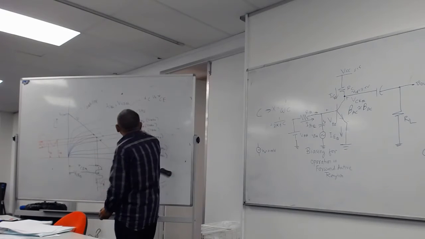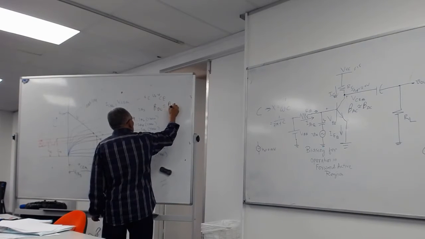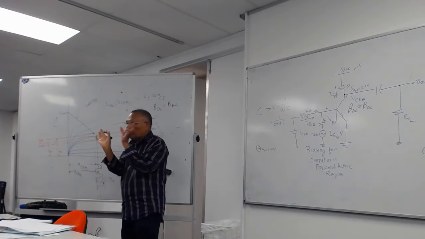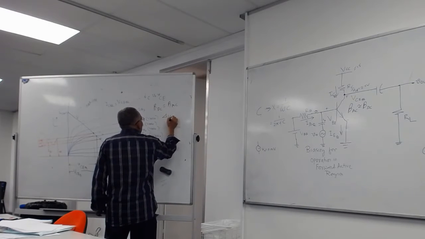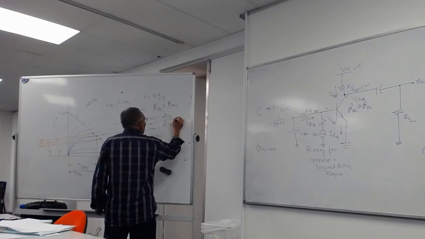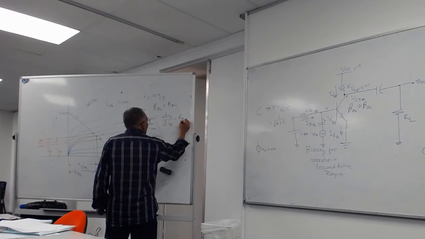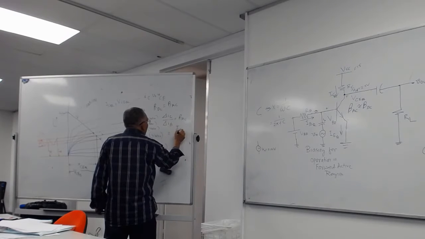So we say that beta DC equals beta AC. That means delta IC by delta IB equals beta AC, which is exactly equal to IC by IB equals beta DC.